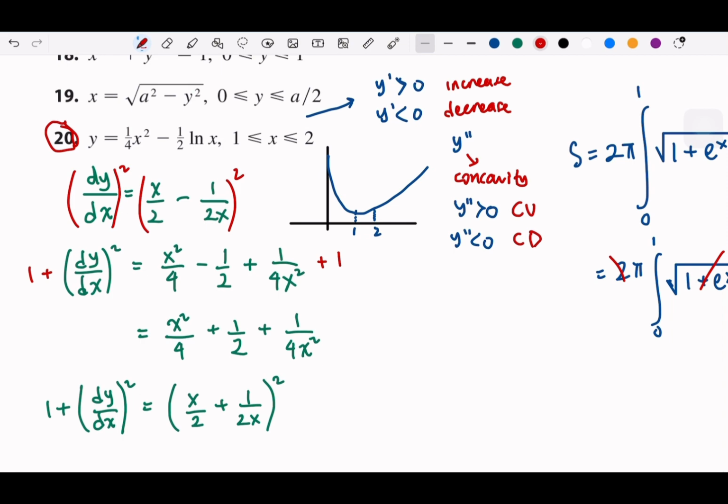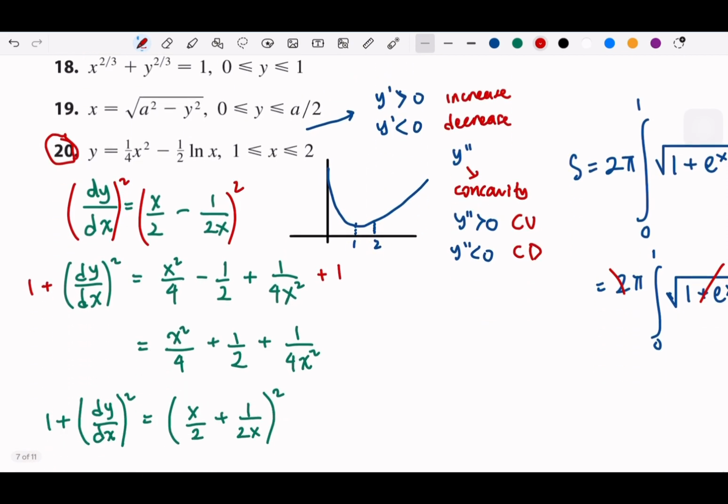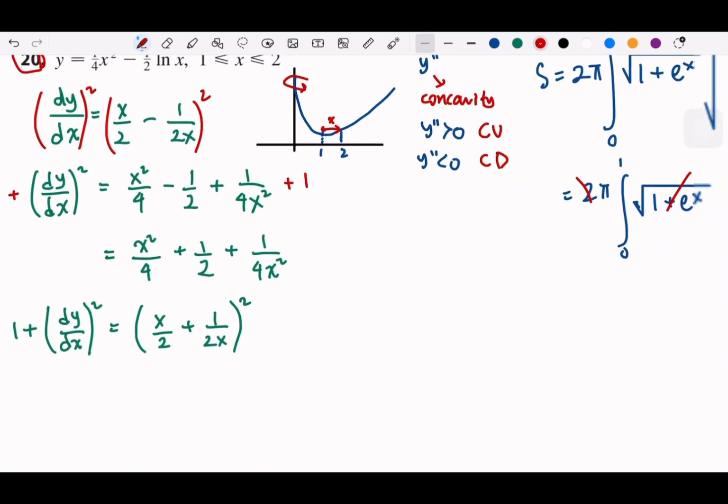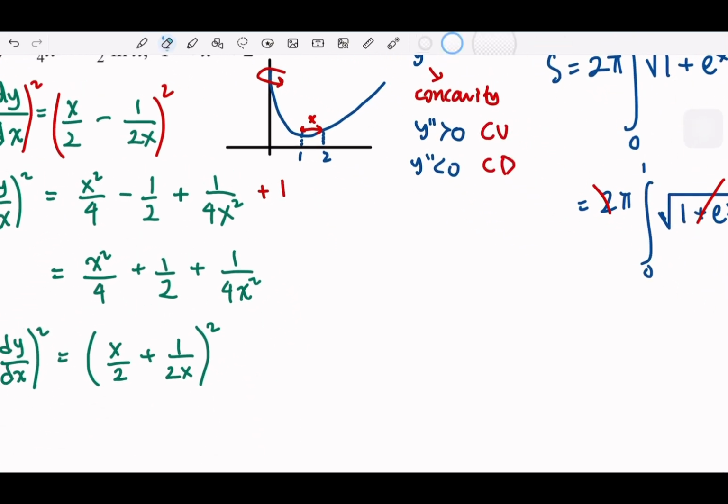So when we rotate this about the y-axis, we have this rotation, right? Or maybe let me just put this note. Okay. So we have the radius that is going to be x. So we have the formulation, we are going to use 2 pi x ds.